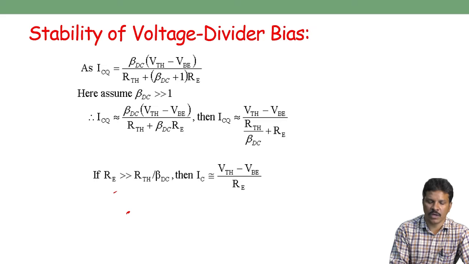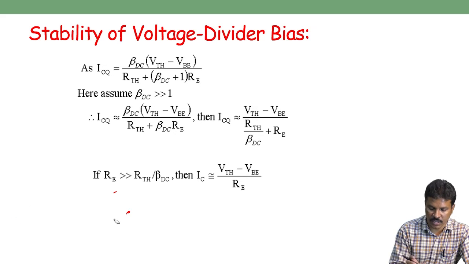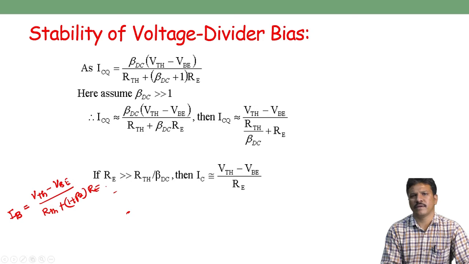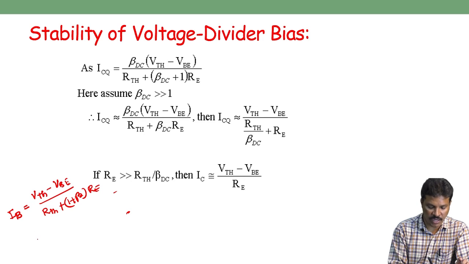We get IB equal to VTH minus VBE divided by the Thevenin equivalent resistance RTH plus (1 plus beta) times the resistor RE. This is the basic IB.